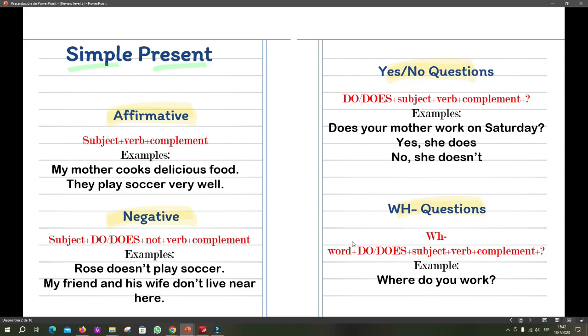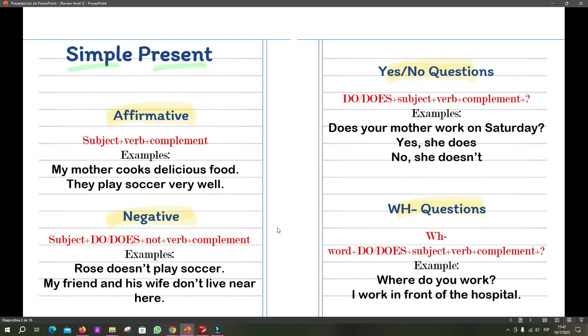Here you have the WH word, where, the auxiliary, do in this case, because you have you here, the verb, and also the question mark. Where do you work? Remember that this is a WH question, so you must answer this completely. So you can say, I work in front of the hospital. Or I work near my house. Or I work in a business company. So there you have the simple present.